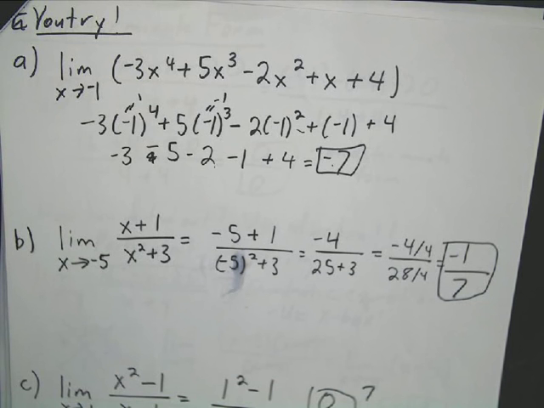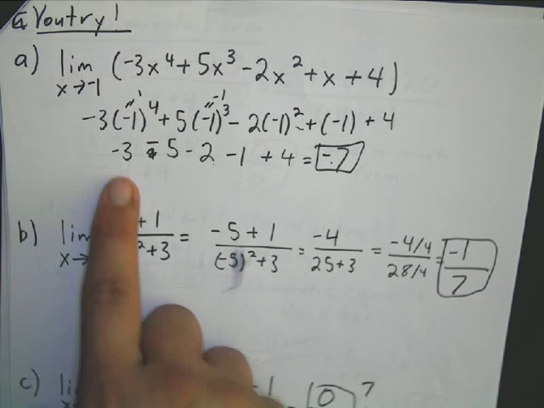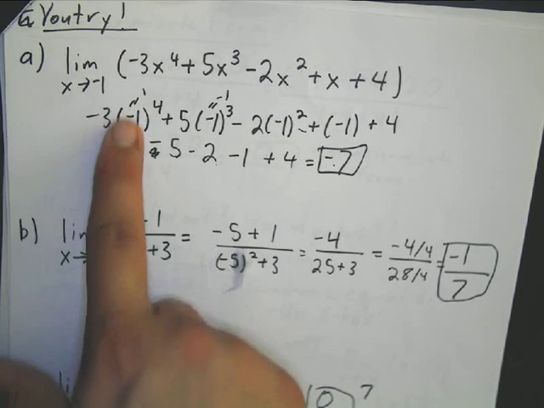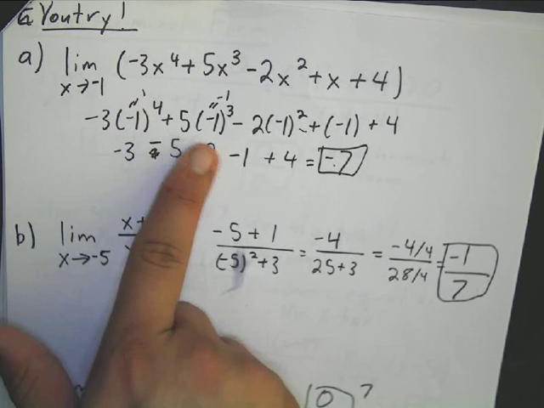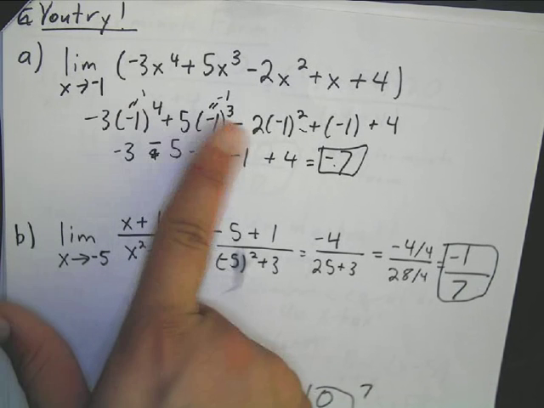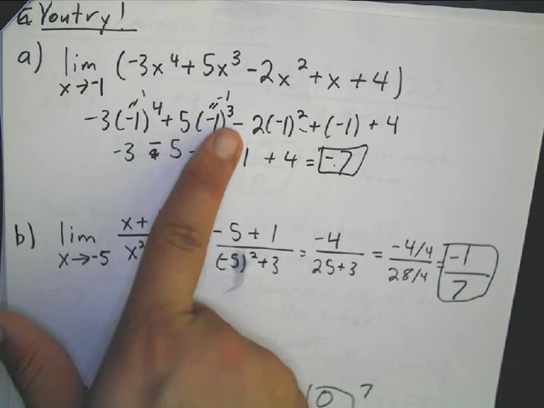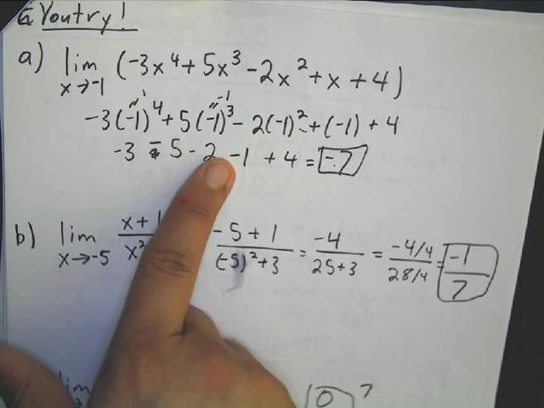So you can do some mental math. This stays -1 because that negative becomes positive. This becomes negative because -1 to the third is negative. And this -1 squared becomes negative, so it's just -2. Then -1 plus 4 gives you -7.